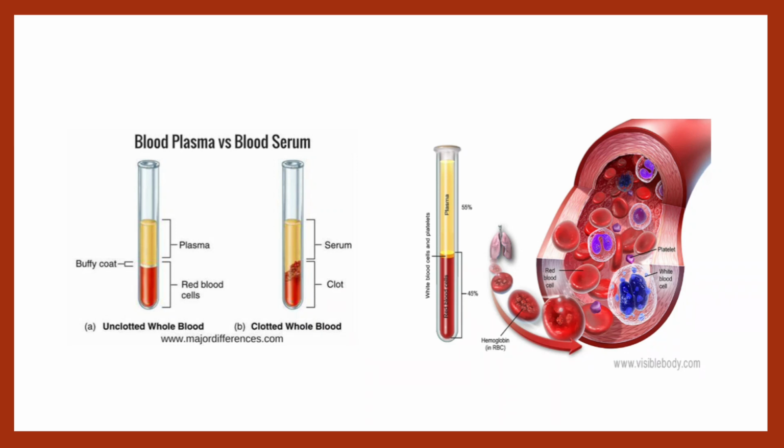When we centrifuge it, it contains the complete blood cells, and the supernatant you are observing is blood plasma having clotting factors in it. So the only difference between plasma and serum is that serum does not have clotting factors.